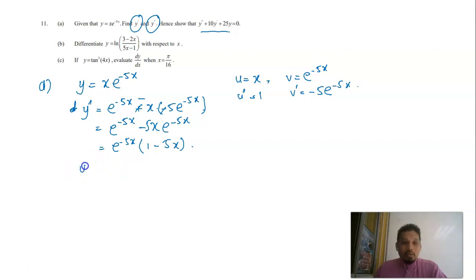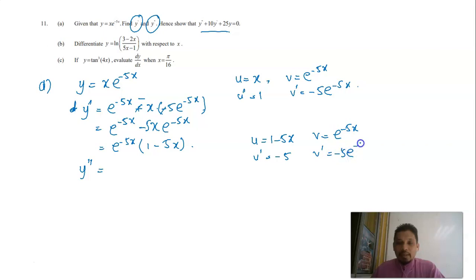And then y double prime. Now let u equal 1 minus 5x and v equal e to the power of negative 5x. So then u prime, differentiating 1 minus 5x, is negative 5, and v prime is negative 5 e to the power of negative 5x.